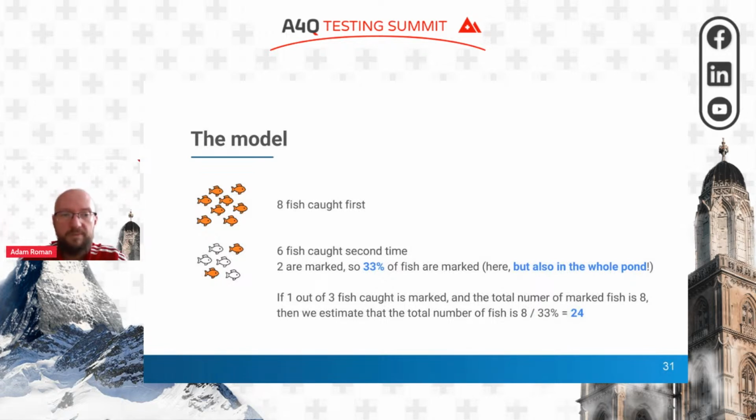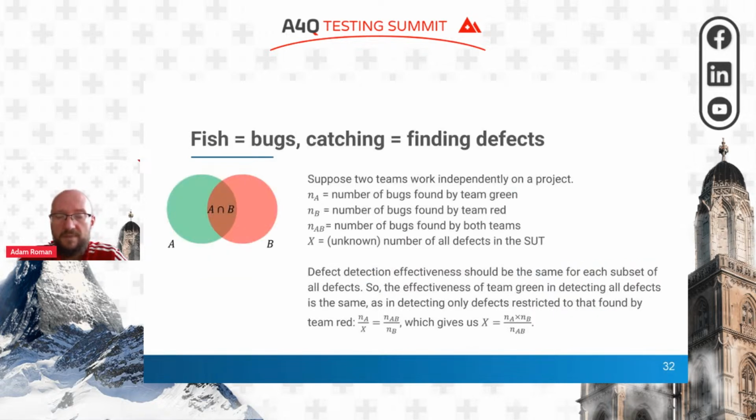So for the whole pond, we also assume that 1/3 of the fish is marked. So if we marked 8 fish and they constitute 1/3 of the total number of fish, then there must be 24 fish in the pond, right? That's a very simple analysis.